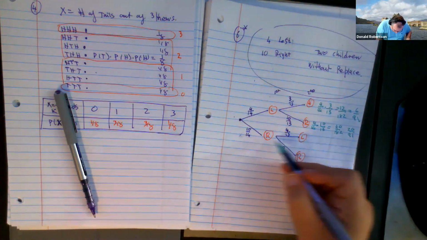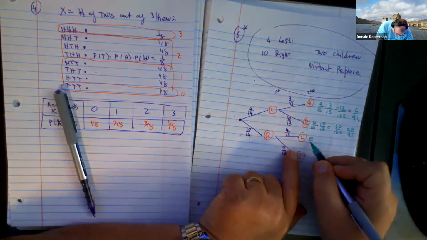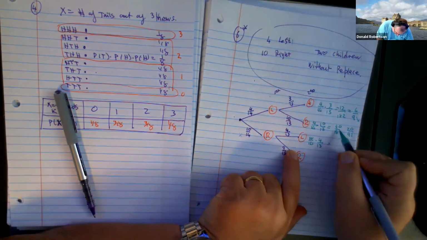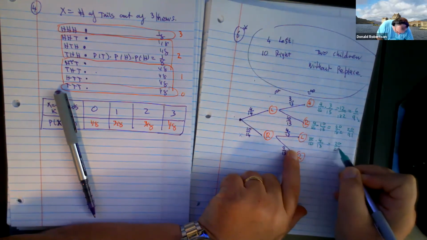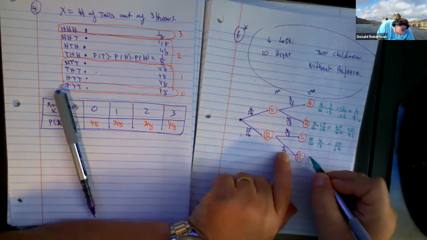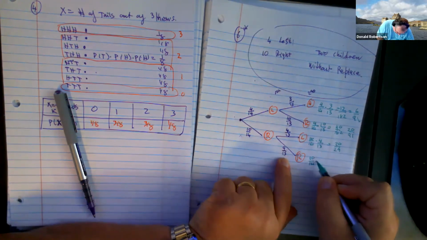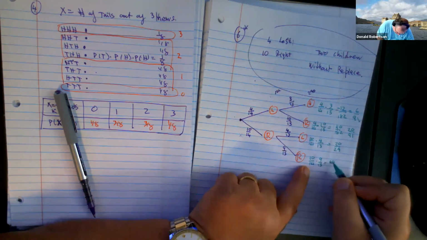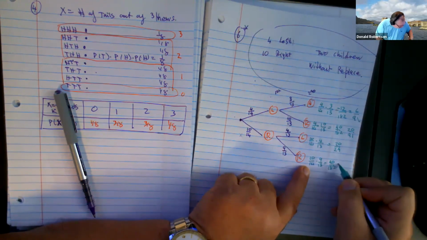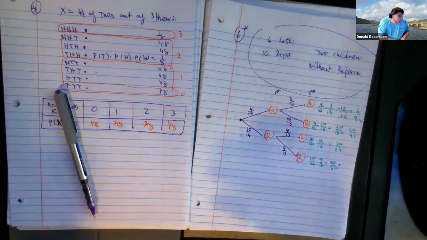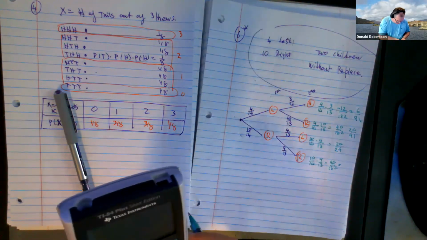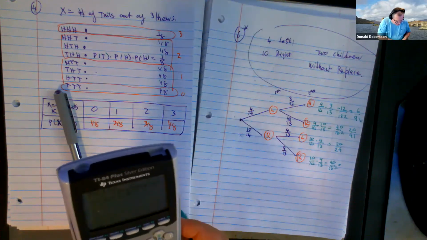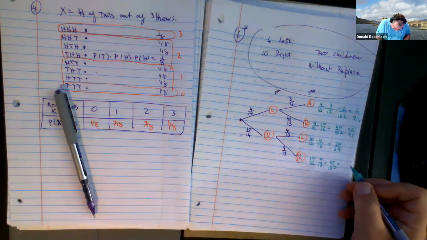This one here is 10 out of 14 times 4 out of 13, which is the same number, so it's 20 91sts. And the last one is 10 14ths times 9 13ths, which is 90 182, and that is 45 91sts.